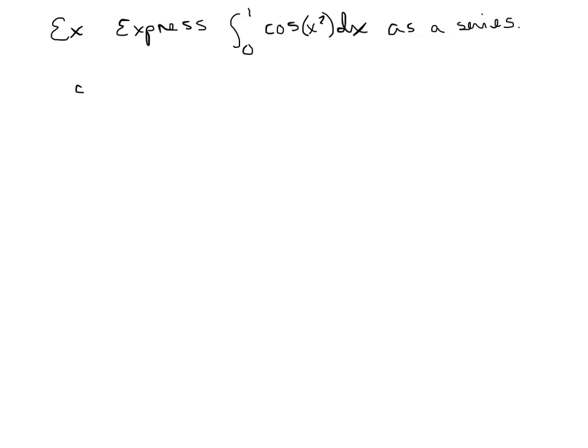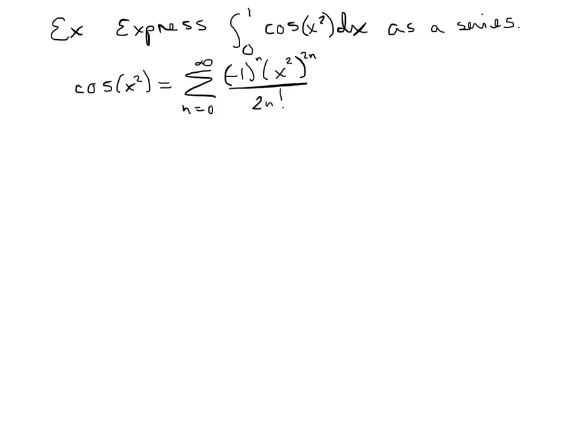All right, so the first thing we need to do is find a series for cosine of x squared. Now look at the right-hand side of that table. There is a series for cosine of x. The cosine of x is the sum from n equals 0 to infinity of (-1)^n x^(2n), but we don't just have x, we have x squared. So I'm going to raise that to the 2n, and then it's divided by (2n) factorial.